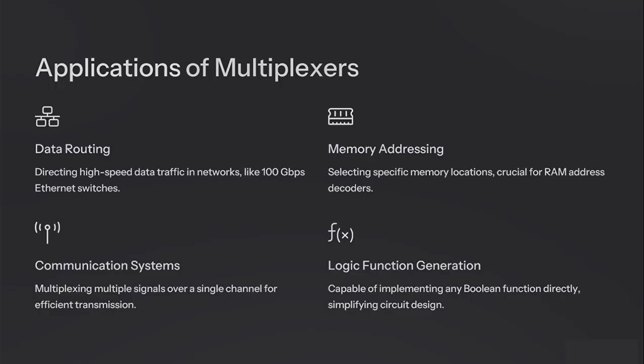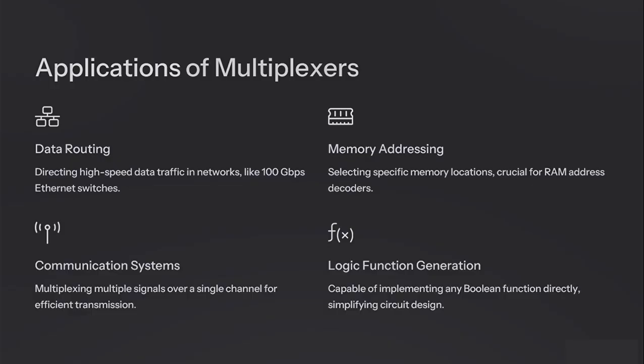Data routing, directing high-speed data traffic in networks like 100 Gbps Ethernet switches. That's one use of the multiplexers.